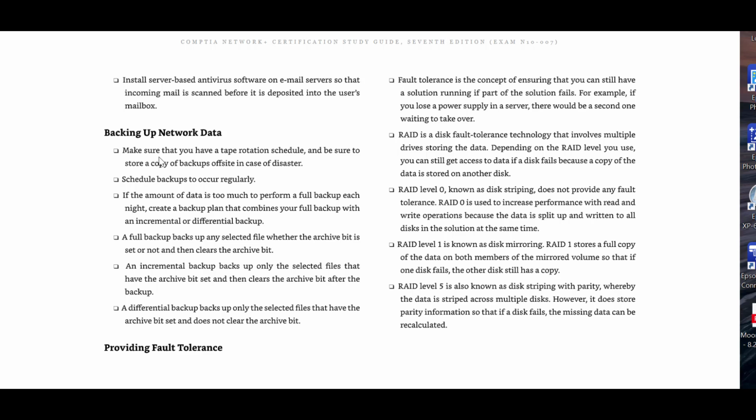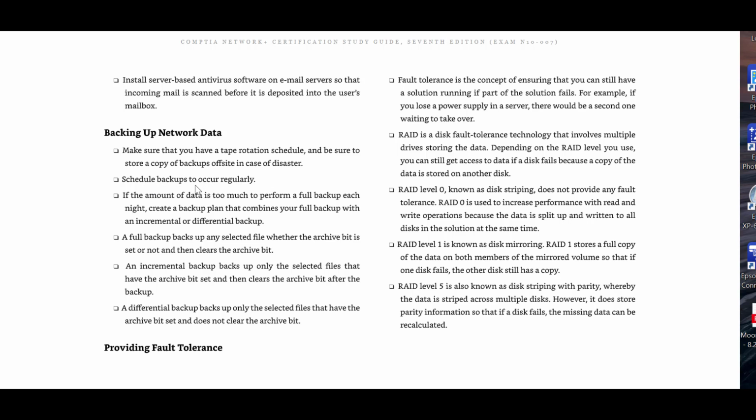But the old school way is tape rotations: you do backups to tapes and store them off site somewhere. That way, in case the building catches on fire or there's a tornado or whatever, your backups are somewhere different, and all you have to do is replace your hardware and reload all the data.